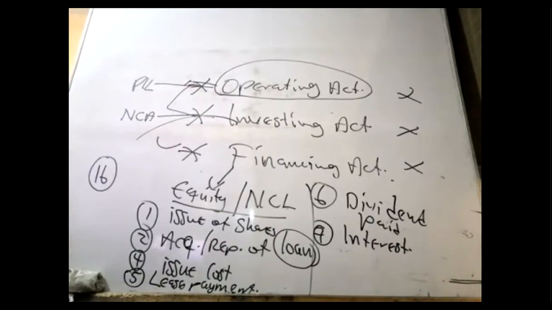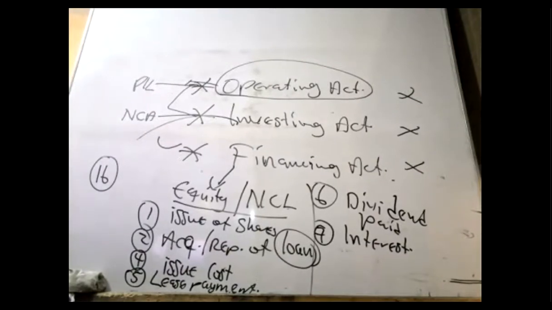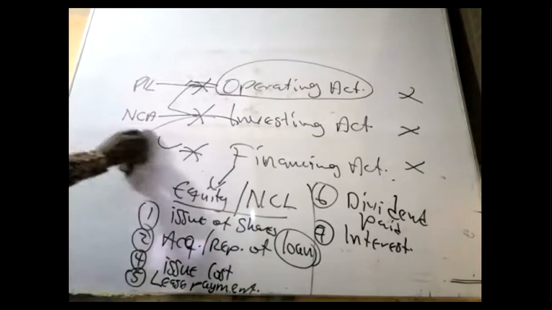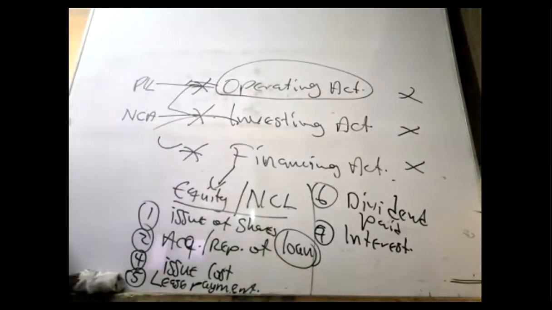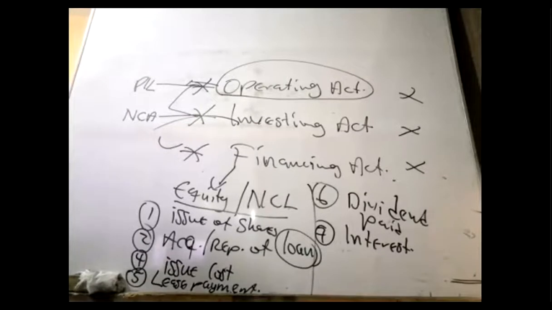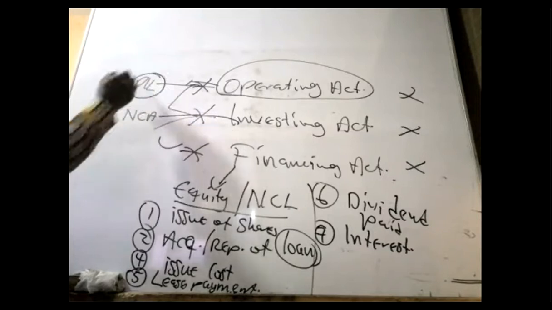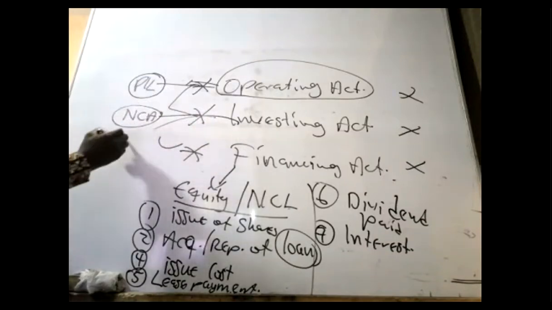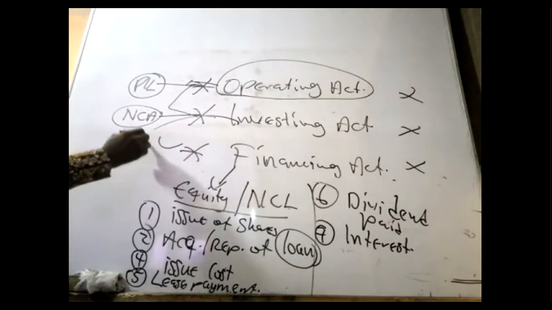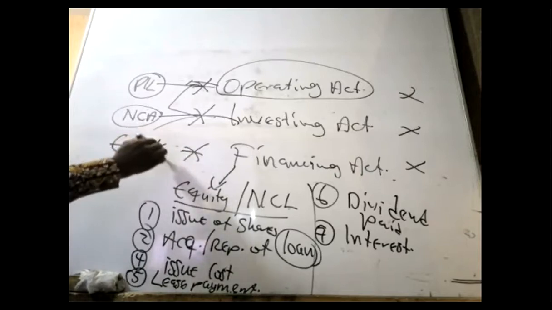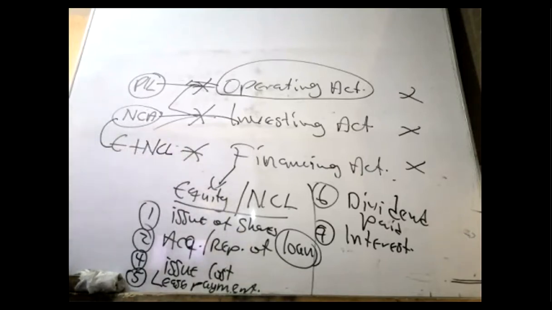Good. Now we are done with this item. So in summary, before you can prepare a statement of cash flow, you need 3 items. Number 1, you need a P&L, you need the non-current asset, you need equity and non-current liability. And this is the financial position. This is the balance sheet. It means that we need a balance sheet, you need a P&L.